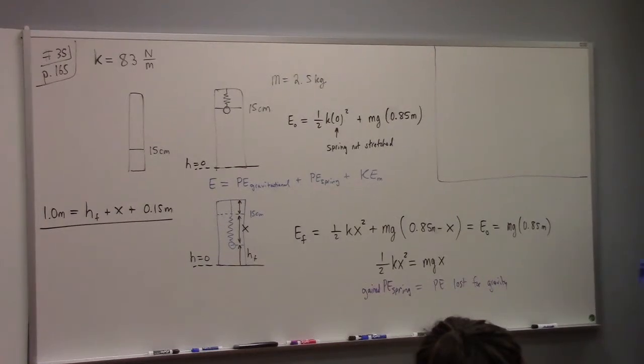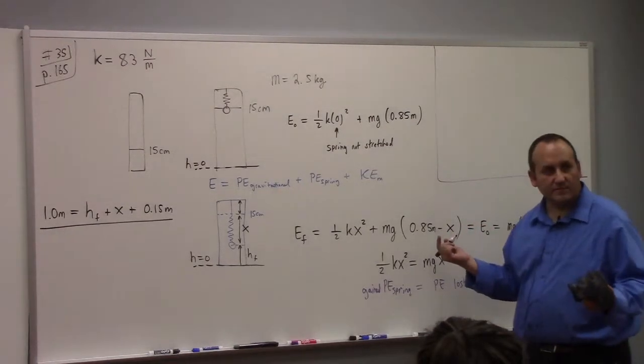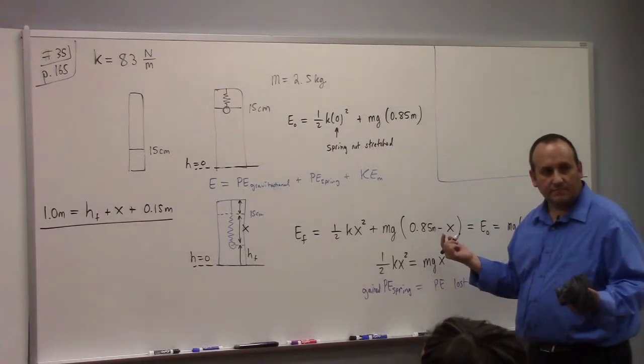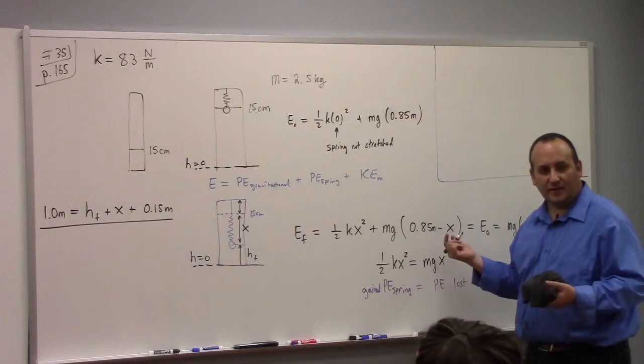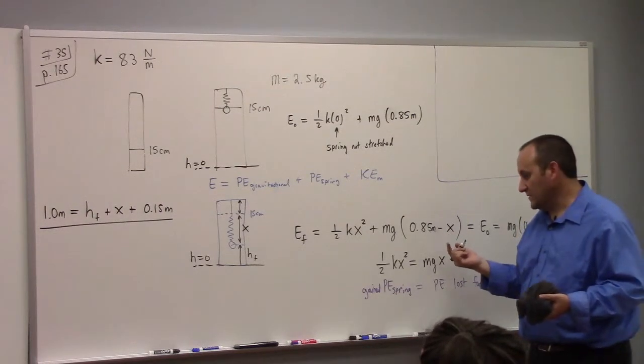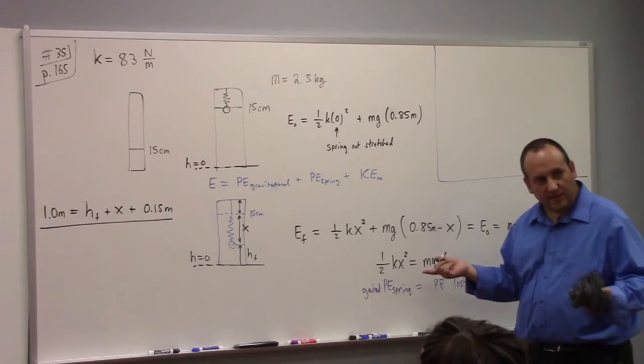And then, of course, we can solve this, right? We don't know what x is, but we can figure it out. Is x equal to 0? Could x be 0? No, it's pretty clear that x equals 0 is an unphysical solution. So we can divide by x without losing anything.